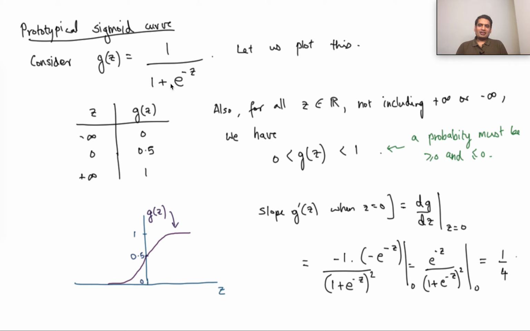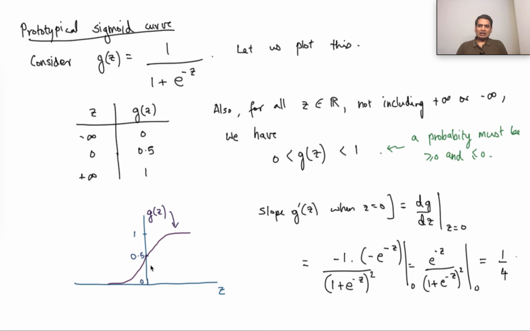So 1 over this quantity is necessarily between 0 and 1, and it reaches the values of 0 and 1 at these limits. Putting all this together, you can show that the curve looks like this. It starts out at 0, essentially at minus infinity, and then slowly rises up, and it has the value 0.5 when z equals 0, and then keeps rising until it asymptotes to a constant value of 1 as z goes to infinity.